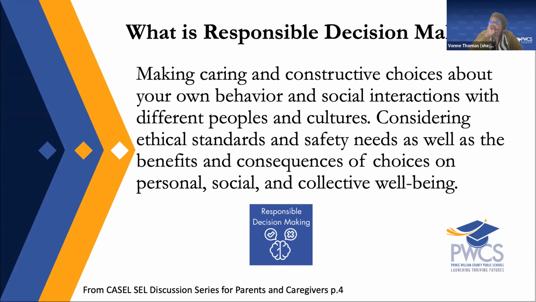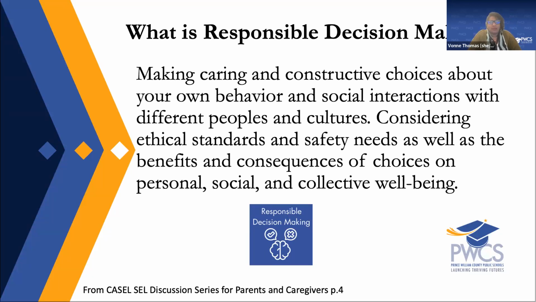So, as a family member, this looks like, as my mom would say, if your friend jumps off a bridge, are you? No, mom, of course not, because that is a responsible decision. It could look like talking to your students about who their friends are. When they make wrong choices, this means that we make opposite choices.